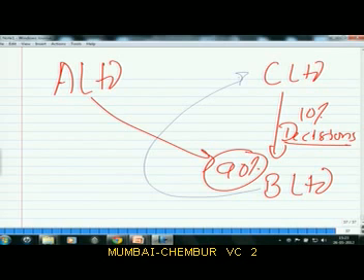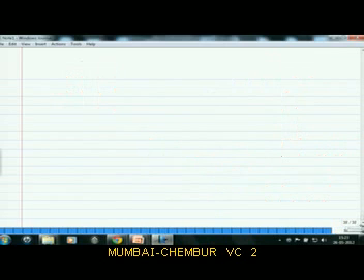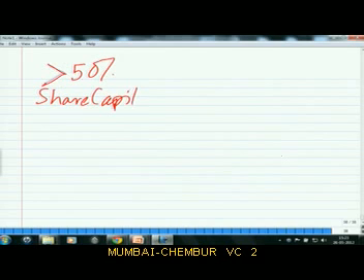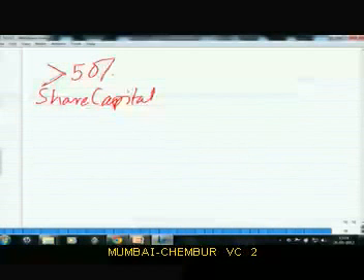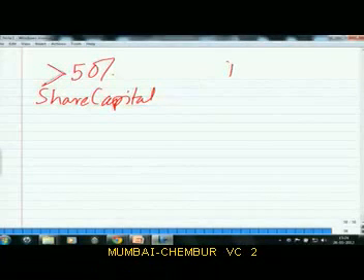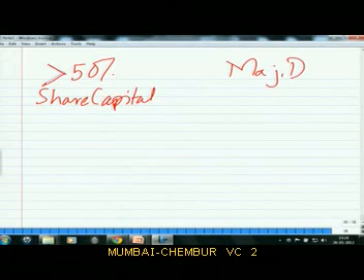And if you see the previous accounting standards, one way of controlling was more than 50% share capital. Another way of consolidating was that the majority of the directors can be appointed.